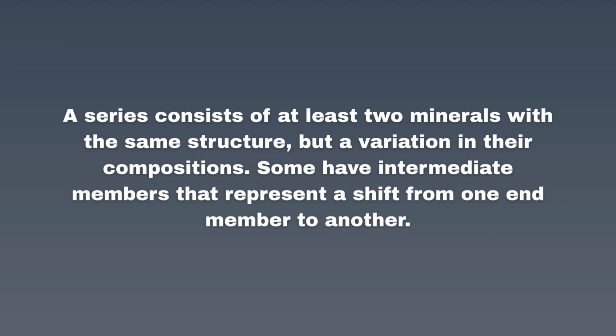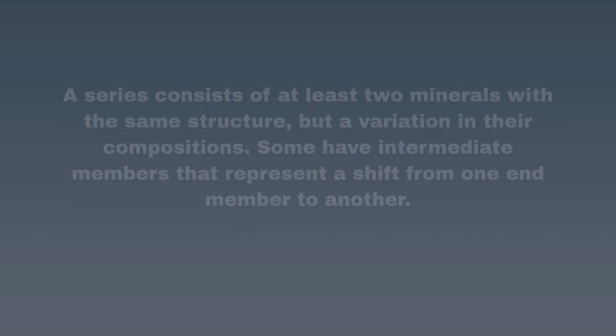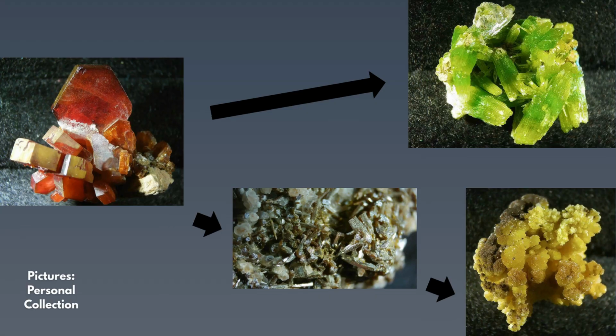A series consists of at least 2 minerals with the same structure, but a variation in their compositions. Some have intermediate members that represent a shift from one end member to another. So here we have some minerals in the vanadinite series. Vanadinite on the far left can form a series with pyromorphite, which is in the top right corner.